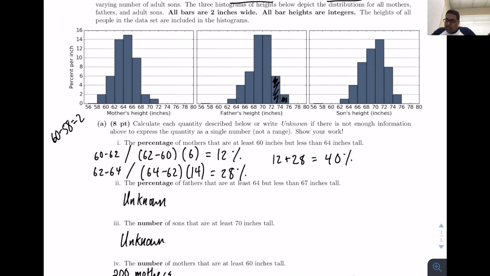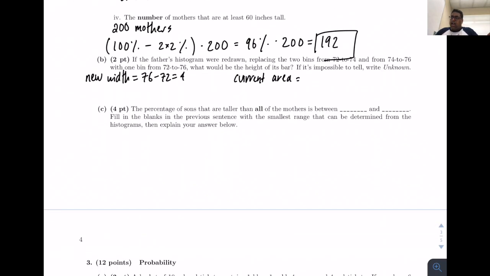Right, so currently we have one bin of area 2 times 6, and another bin of area 2 times 2. So we have 2 times 6 plus 2 times 2, well, that's equal to 16. So our current area is equal to 16, right? Because those are the areas of our current bins.